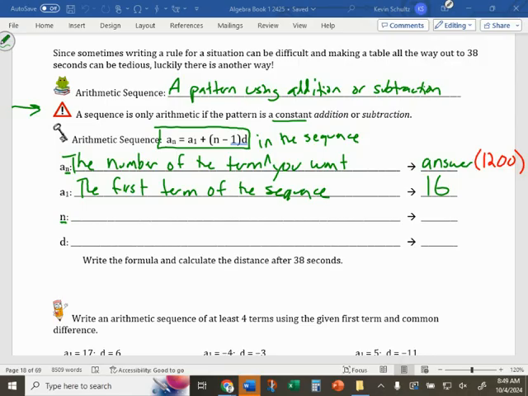That's what we wanted. So we would plug 38 in for n. So this one also represents the number of the term in the sequence we want. But this isn't the answer, this is the actual 38.